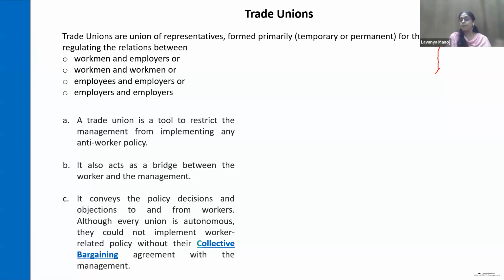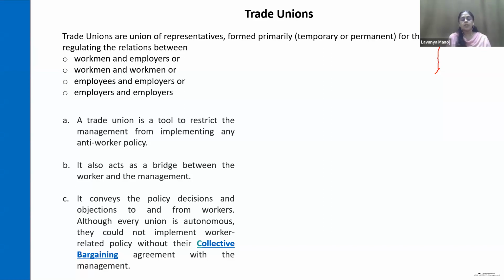Bias, whether gender bias or religious bias, is also an anti-worker policy. Trade unions don't let it happen. It also acts as a bridge between the worker and the management. It doesn't mean trade unions are always in a fight with the management; they can also maintain a good relationship between the worker and the management.